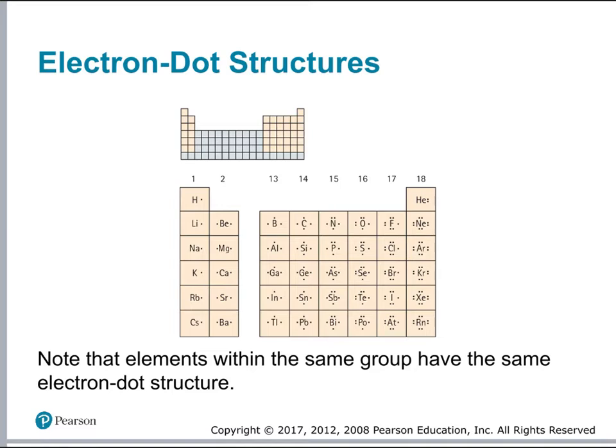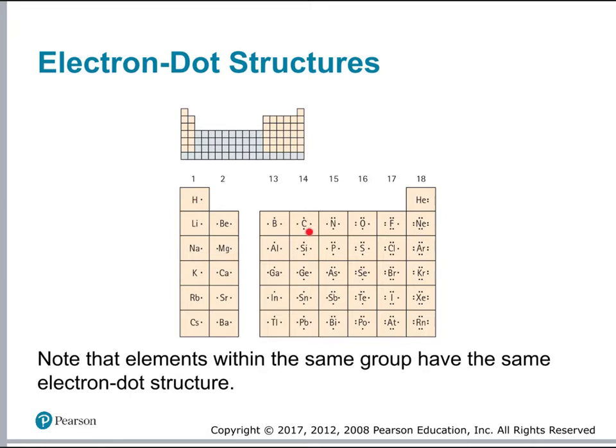Now we know that the groups, the vertical columns, all behave chemically similarly. The reason is that they all have that same electron configuration in their outermost shell. All of the elements in this group have 1 unpaired electron that can be used to form chemical bonds.